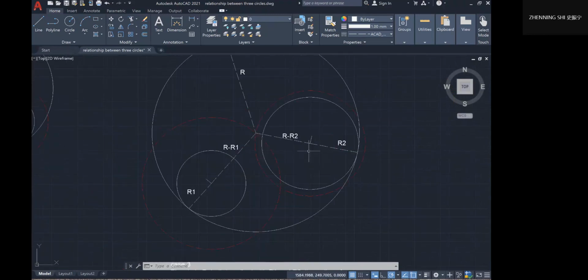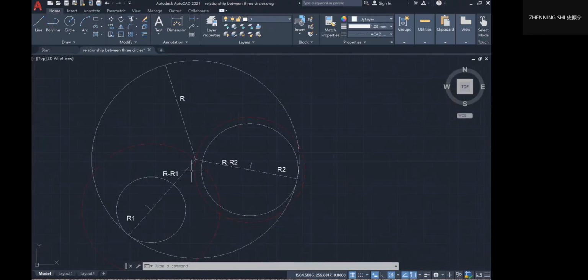So at first, if I want to find these circles, this circle's radius is R minus R1, and this one is R minus R2. Okay, so you can see the cross point is these two.